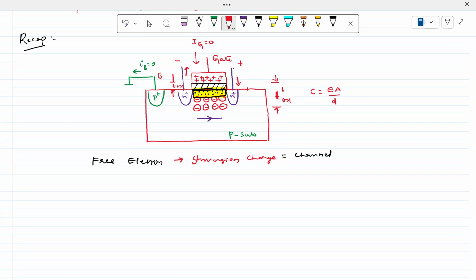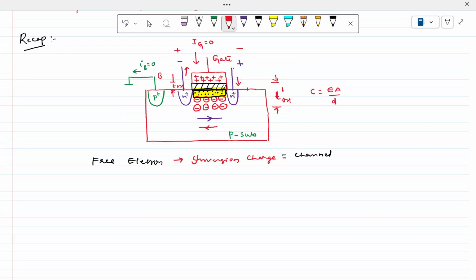Now, if I ask you to change this direction from the right side to the left side, then what potential should you apply? Here is negative, this is positive. Are you getting the point?